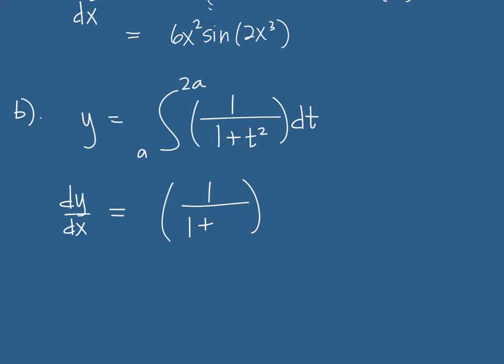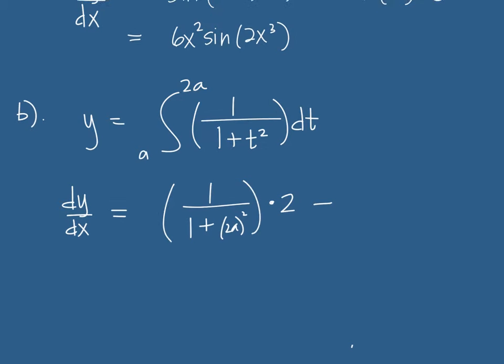2a goes in for the t position, so which is going to be 2a squared. And you have to remember, this is the thing that most often is forgotten, the chain rule. And what's the chain rule on 2a? 2.